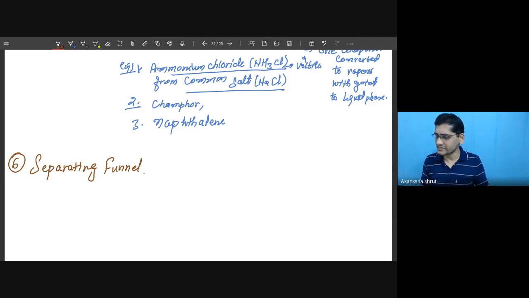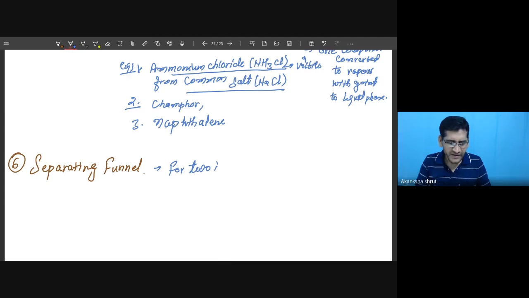It is nothing but a kind of test tube in which at the lower end a stop cork is fixed with a tap so that two immiscible liquids can be drained. One of the immiscible layers can be drained slowly. So this is used for two immiscible liquids.